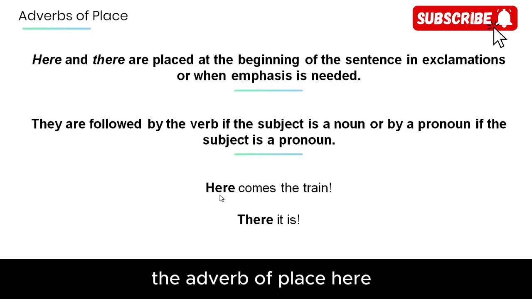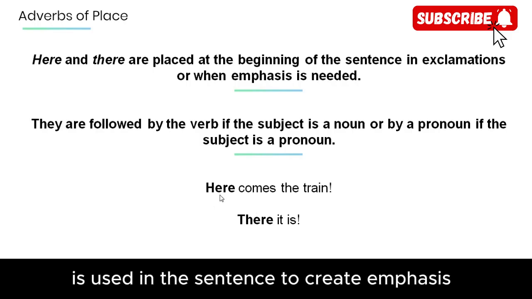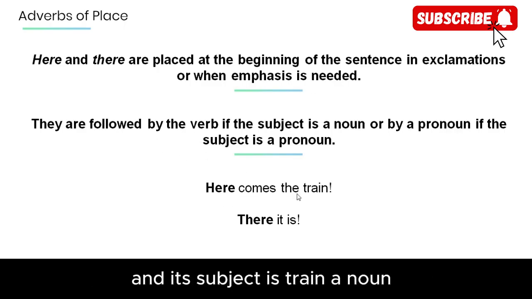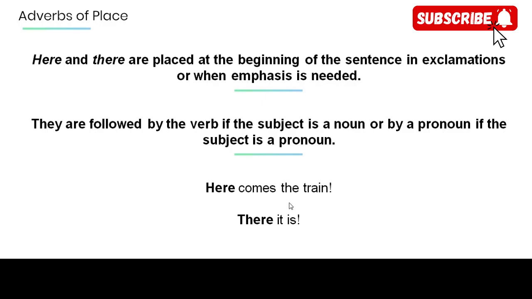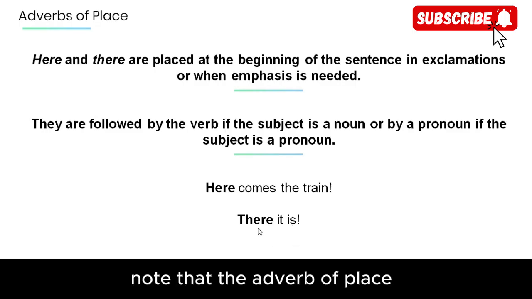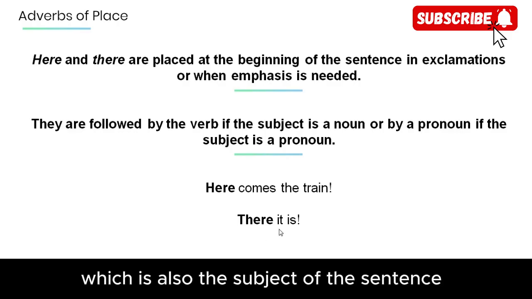The adverb of place here is used in the sentence to create emphasis. And note that it's followed by the verb, and its subject is train, a noun. And in the sentence, there it is. Note that the adverb of place there is followed by a pronoun, which is also the subject of the sentence.